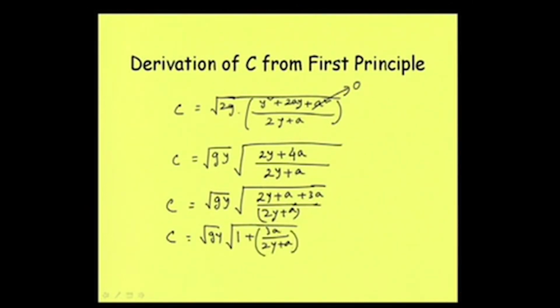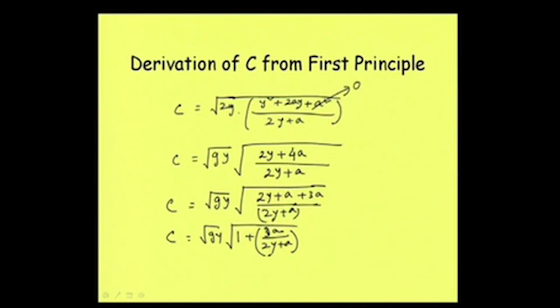Now in this expression thrice a, a is very small, and here in the denominator we have twice y, so it is quite a large expression. As y is very large as compared to a, this expression will become a very small term divided by a very large term, so this we can now neglect.